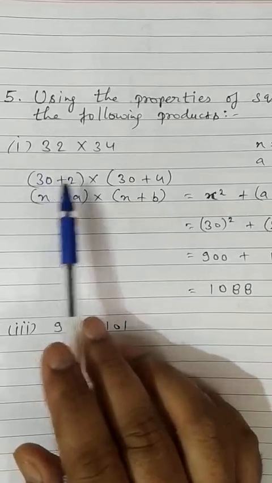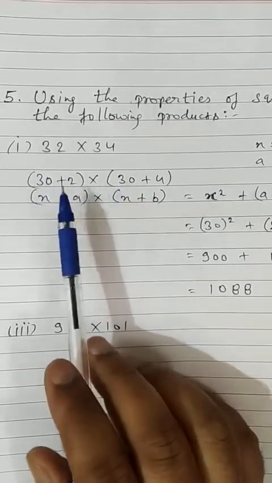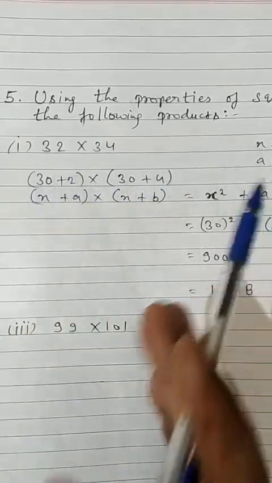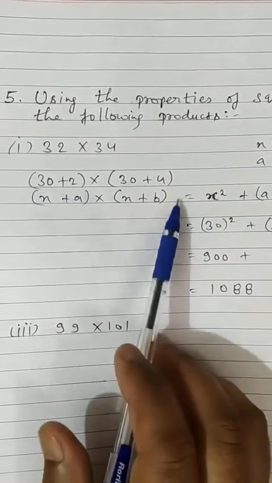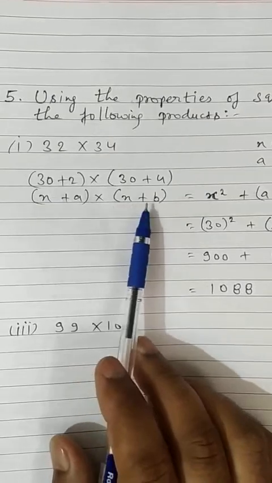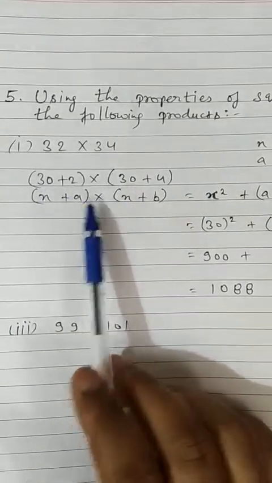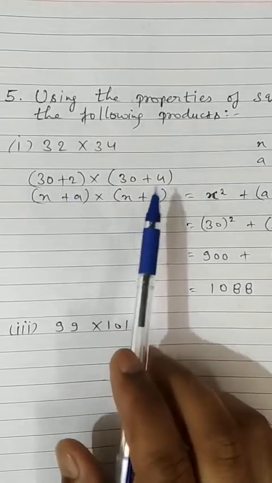So 30 is common, meaning the first value of both the brackets is common and the second value of both the brackets is different. In this way we have to use the expression (x plus a) multiplied by (x plus b), where the value of x was 30, the value of a was 2 and the value of b was 4.